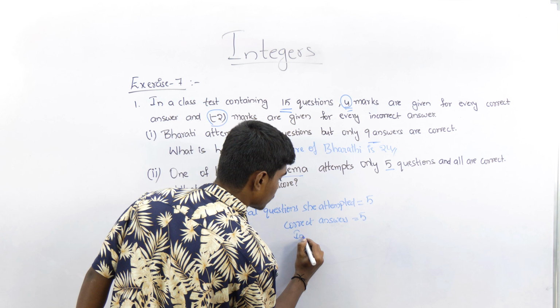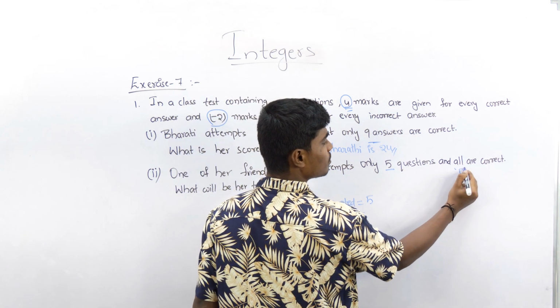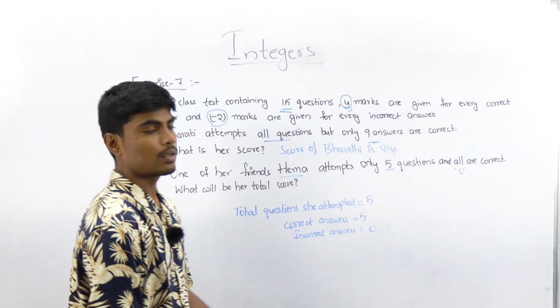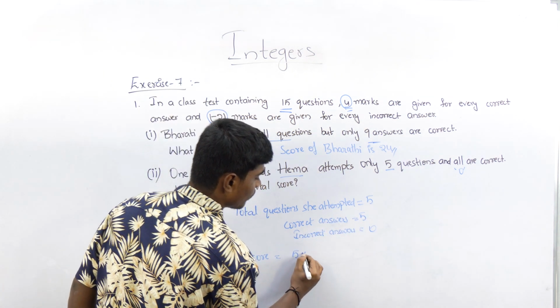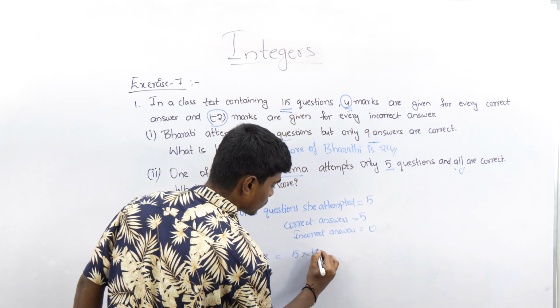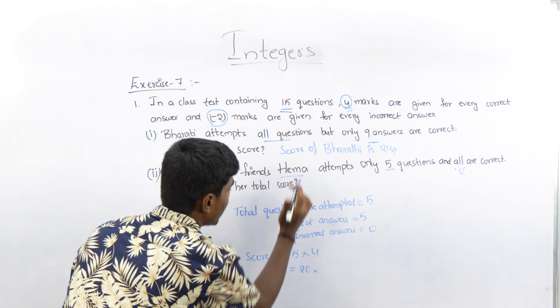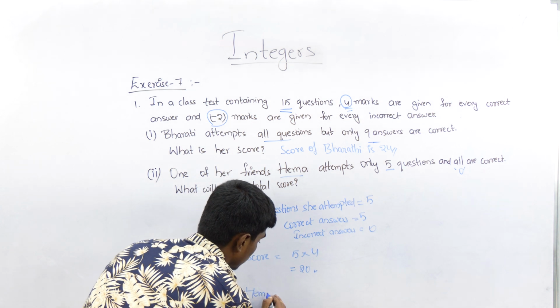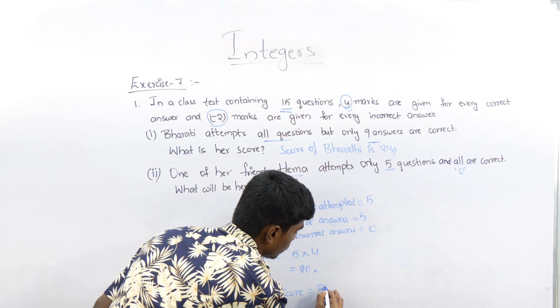Incorrect answers? See, all of them are correct. All 5 are correct. So incorrect is equal to 0. Now score is equal to correct 5 into 4. So the answer is 20. Hema's score is equal to 20.